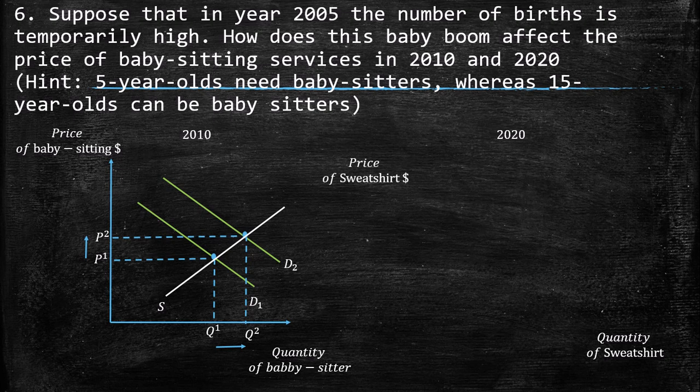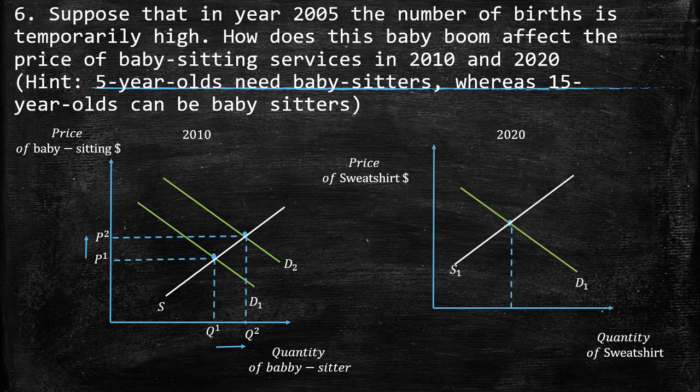So in 2020, we are thinking about these people who were looked after before; they're going to look after babies afterwards. This is the initial case, but remember that they are now 15 years old, so there's going to be an increase in the supply.